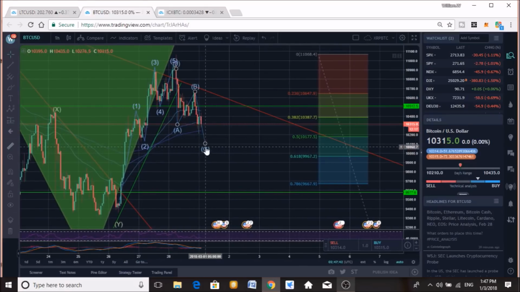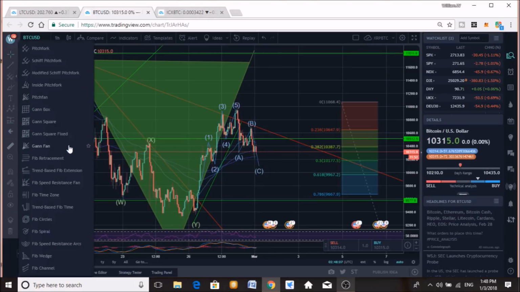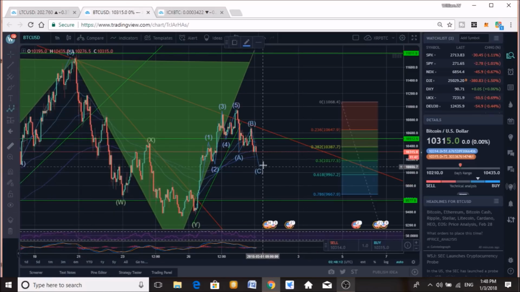And what's going to happen after we find the bottom of our C? What I think is we're of course going to have a bounce back, but how strong would the bounce back be? And again, 2 scenarios. We can have a really nice bounce back, something like a 1, 2, 3, 4, 5.